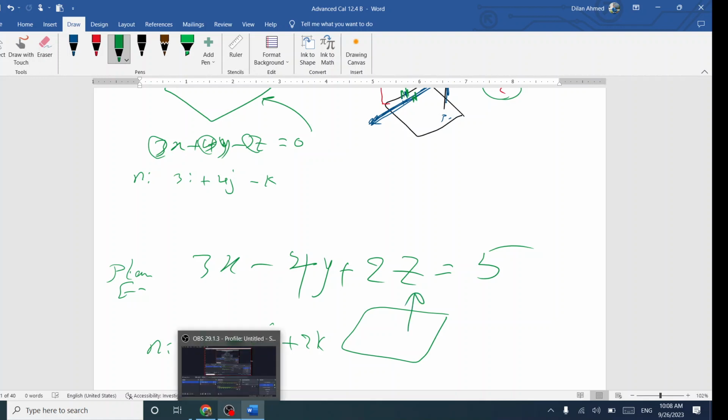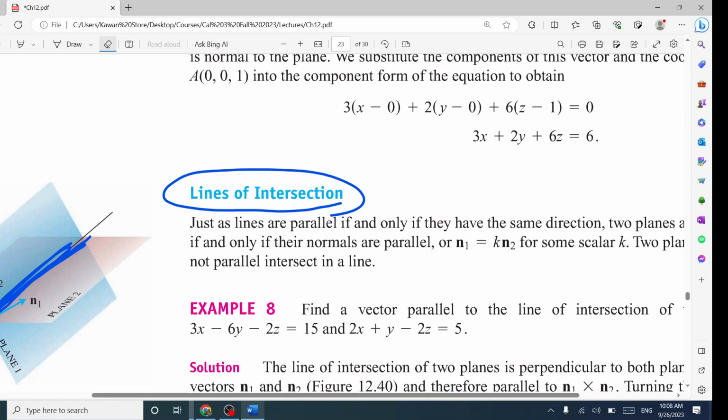So now it is your turn to bring the first normal from the first equation. It will be 3, minus 6, 2. And the second normal from the second. How do we decide this one is a normal?